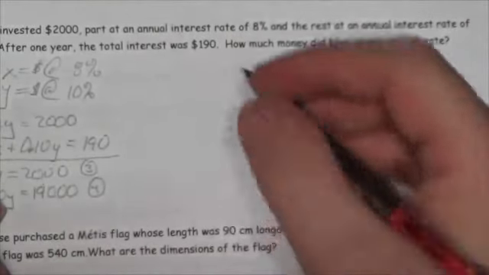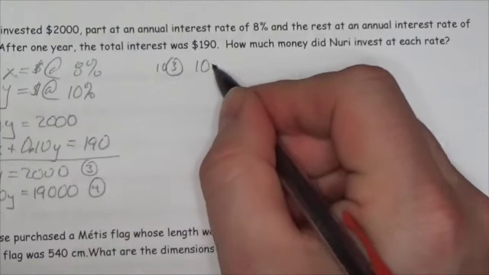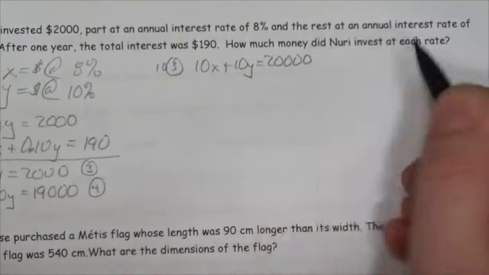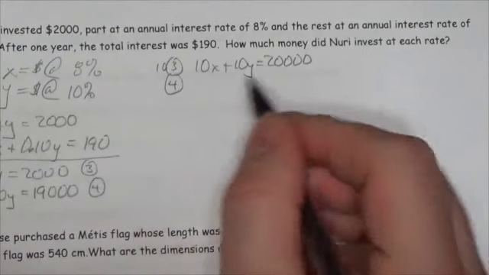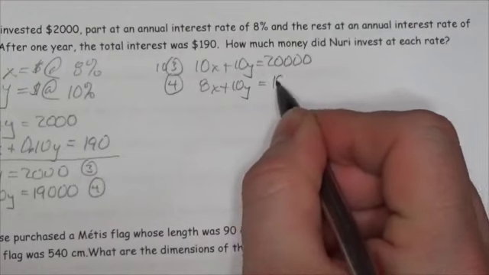So if I take 10 times equation 3, I am going to get 10x plus 10y is equal to 20,000. And here's equation 4, 8x plus 10y is equal to 19,000.